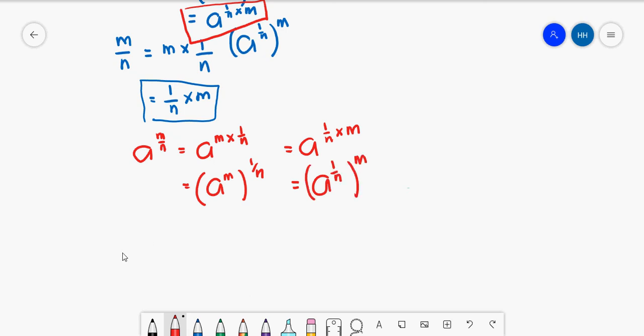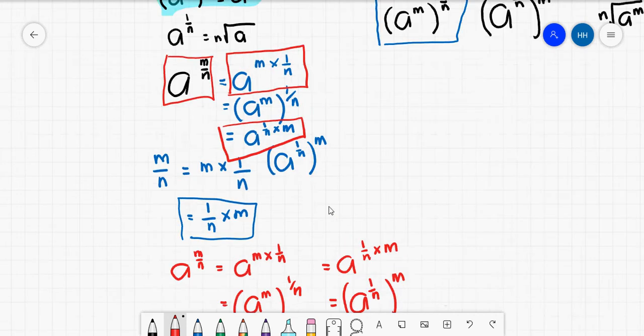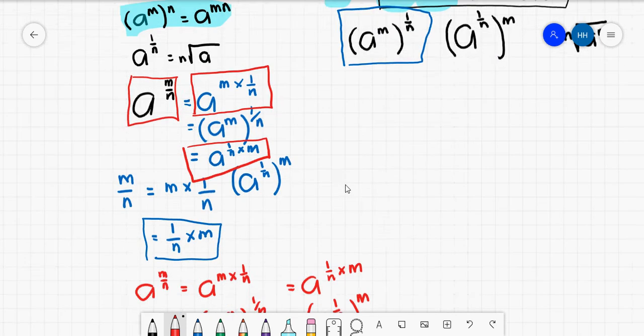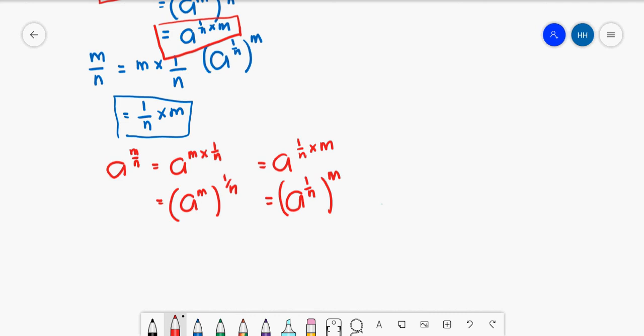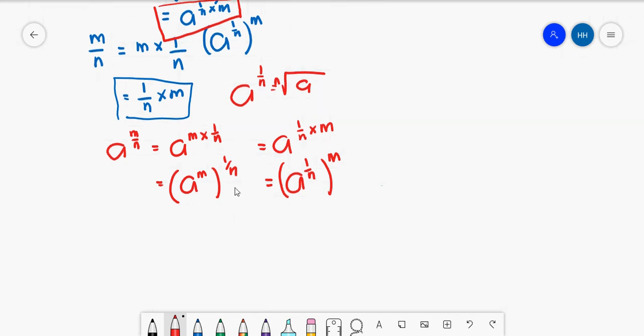Now we have 1 over n here and 1 over n here, so we use this concept: a to the power of 1 over n is equal to n root a. So this is 1 over n, so I write n root, and inside the bracket is a to the power of m.